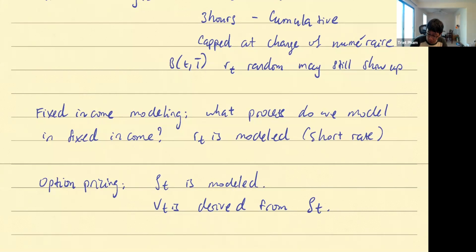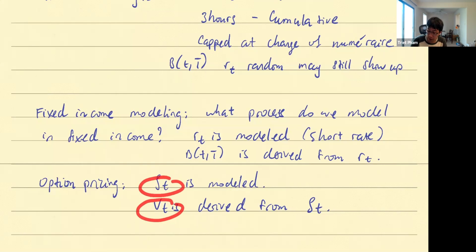And then the bond price is derived from R_T. That's actually a valid point of view. This is called short rate modeling, okay? Short rate modeling. So the focus is the bond price, for example, like V_T is derived from S_T.